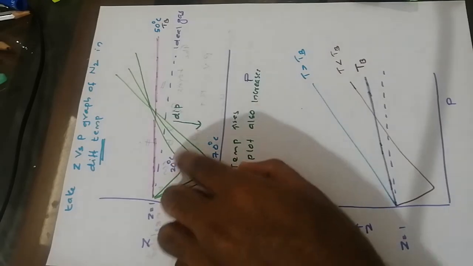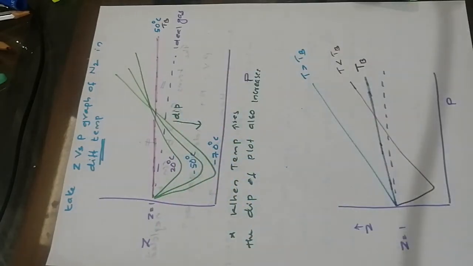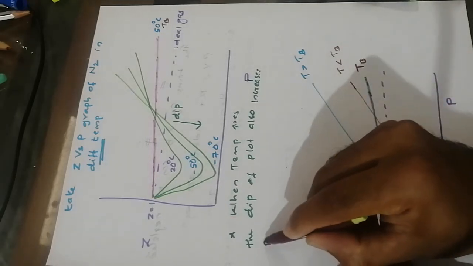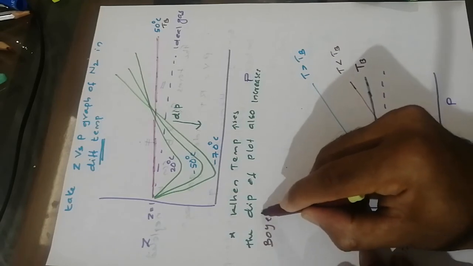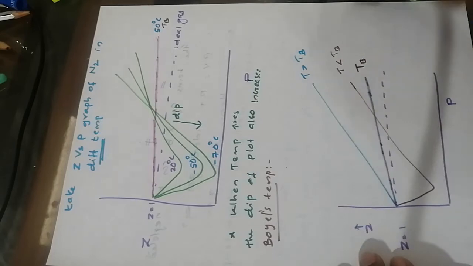A graph almost horizontal to the ideal plot means that at that temperature the gas obeys the ideal gas equation. And that temperature is called the Boyle temperature.